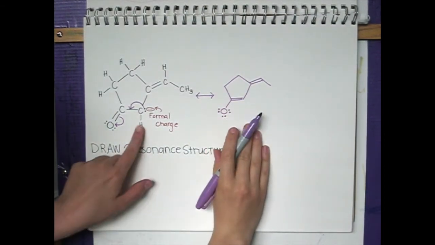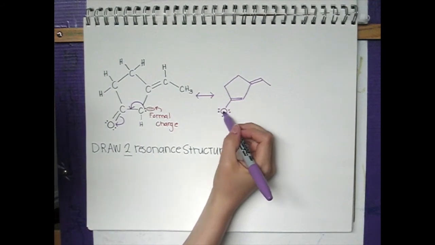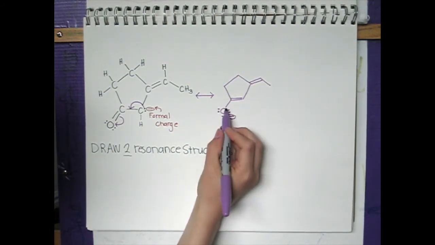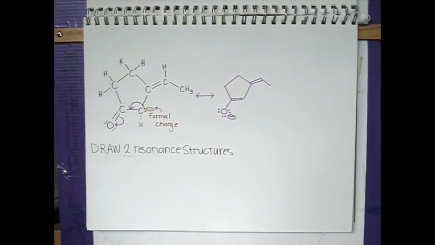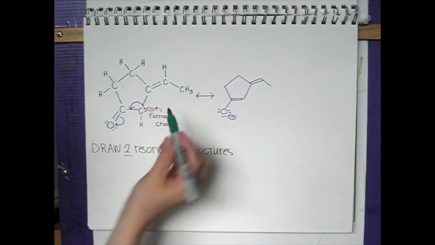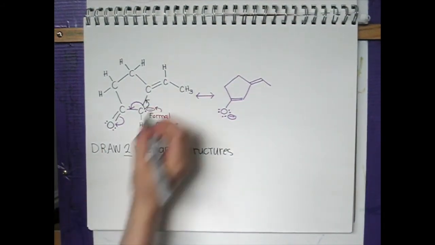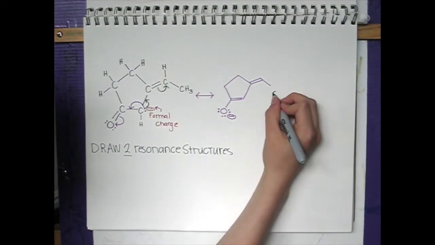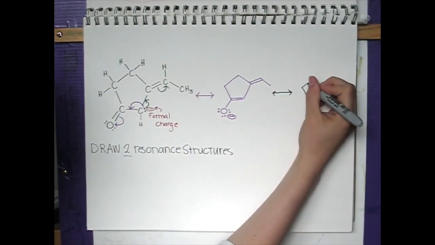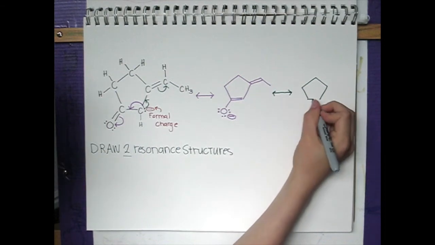Alright, so our formal charge is going to be on the oxygen. It has a negative charge because it only has 1 bond. And it normally likes to have 2. Now we could go the other direction and go to the right and make another form from the original structure.